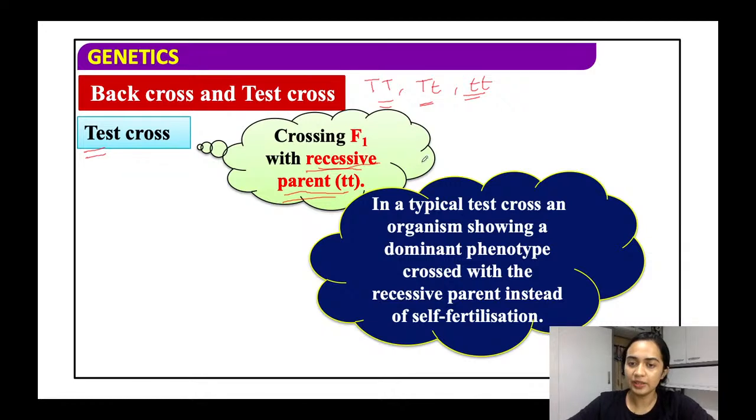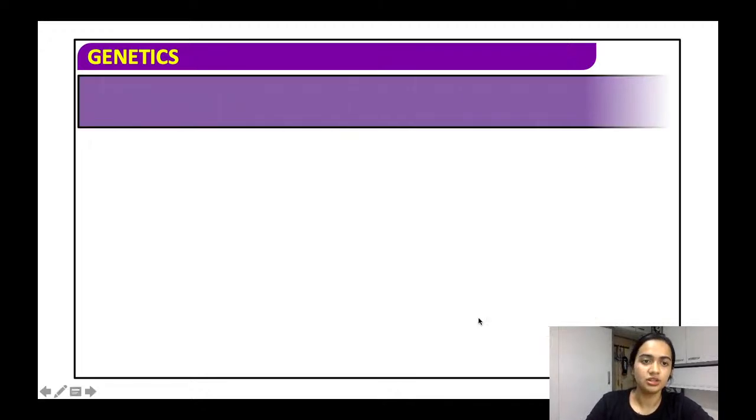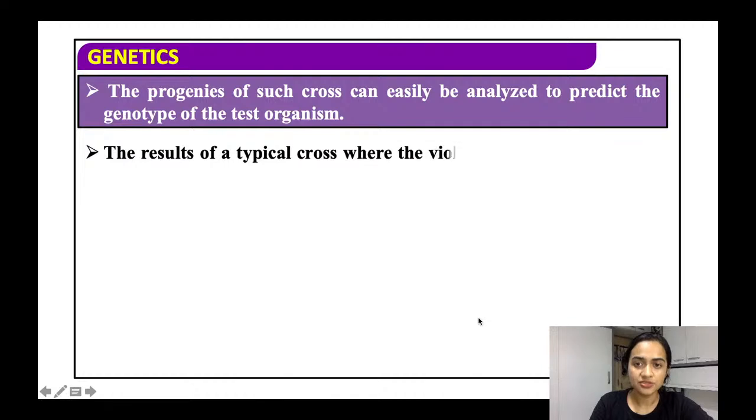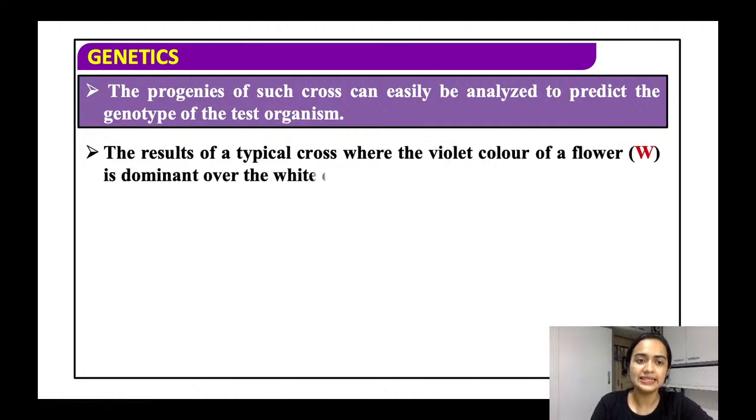So in a typical test cross, an organism showing a dominant phenotype is crossed with one having a recessive genotype instead of self-fertilization. The progenies of such a cross can be easily identified to predict the genotype. The test is done basically to predict the genotype of the organism.